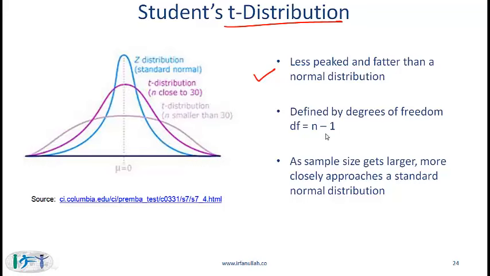So we say that the t distribution is defined by the degrees of freedom, and in our case, the degrees of freedom, or df, is simply given by the sample size minus 1. You need to remember this fact. As I've already mentioned, as the sample size gets larger, the t distribution more closely approaches a standard normal distribution.